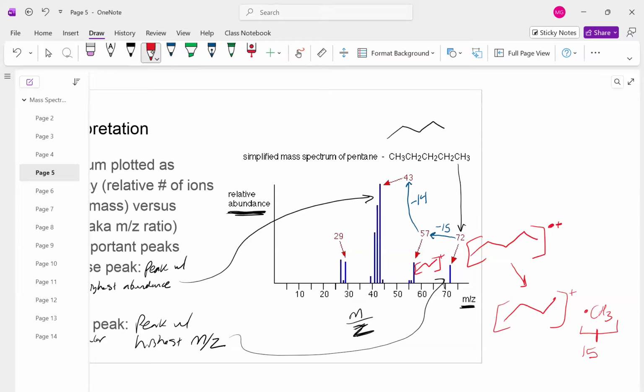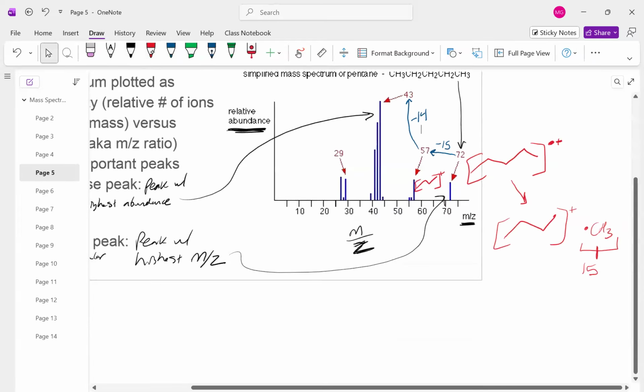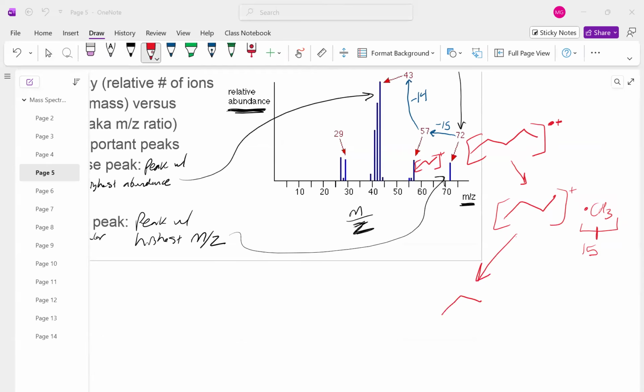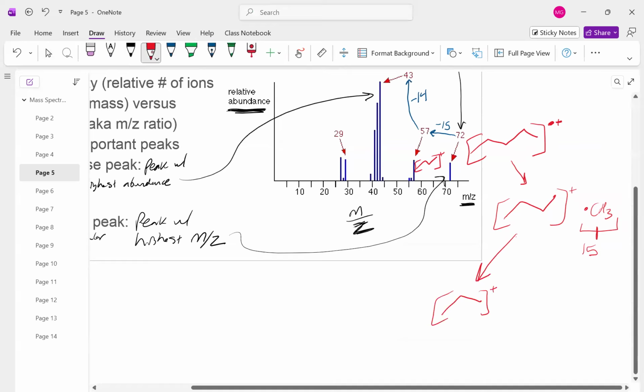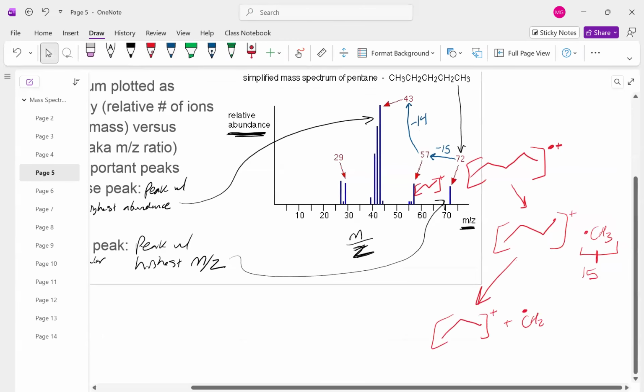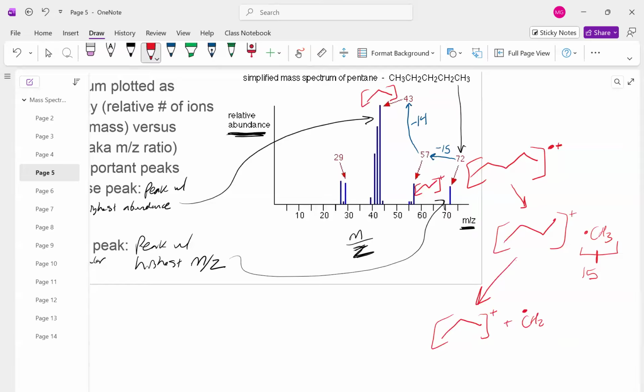So if that butyl cation loses another carbon, we get this cation and a CH2 radical. CH2 has a mass of 14. So we could say that the 43, our base peak, represents that fragment.